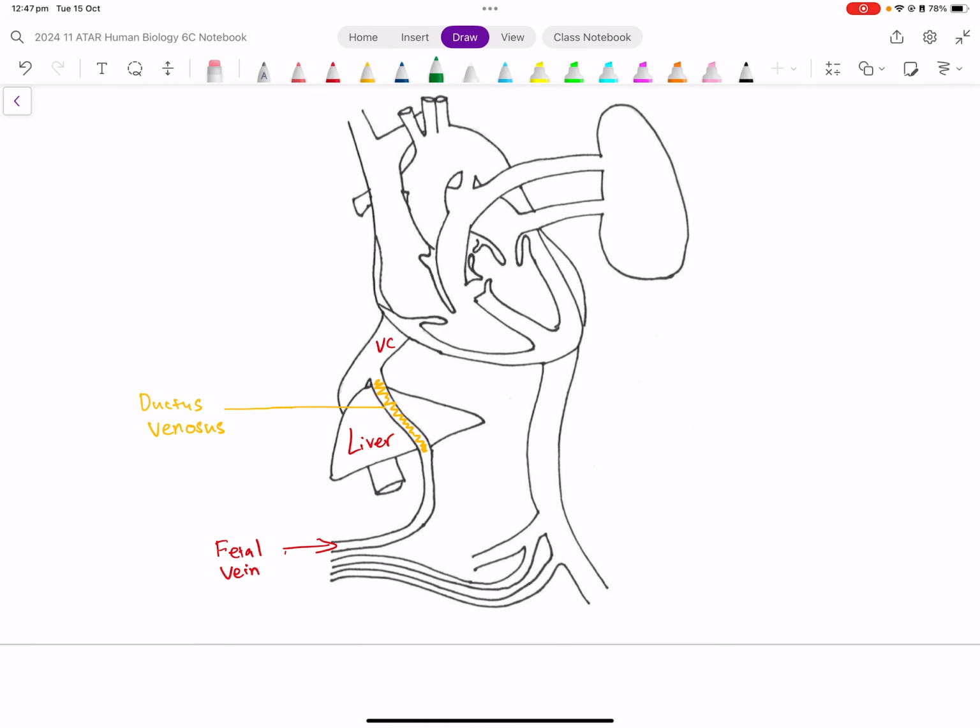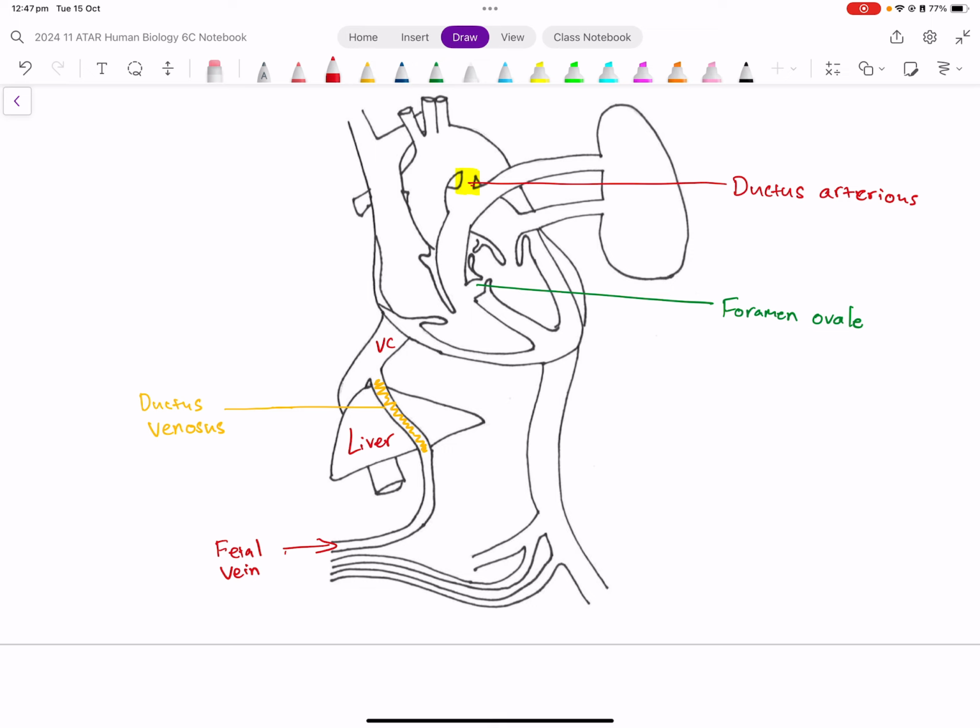So for the foramen ovale, we can see this hole between the atria, so we can fill this one in on our diagram now. So foramen ovale. And lastly, we can also see another key structure. I'll highlight it in yellow here. This being the ductus arteriosus, that shortcut between the pulmonary artery and the aorta.